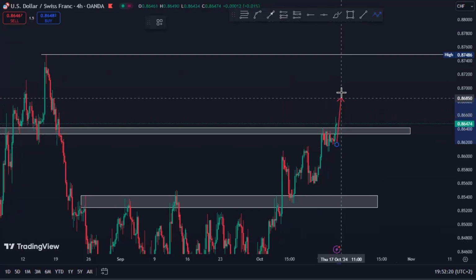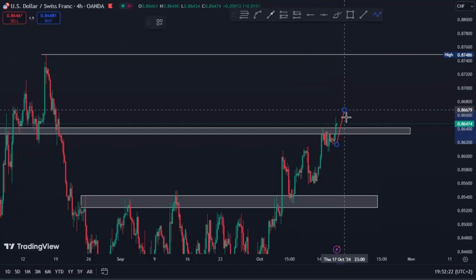It must push and give you a proper retest that you can see as a 4 hour candlestick, because retests on 4 hour, guys, they are so legit. I prefer them. Then I take entries from 1 hour, 30 minutes, 15 minutes. But wait for a retest from a 4 hour candlestick. That one is legit. Do you understand?